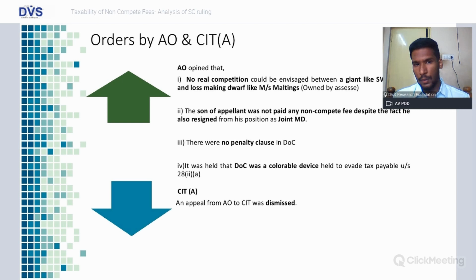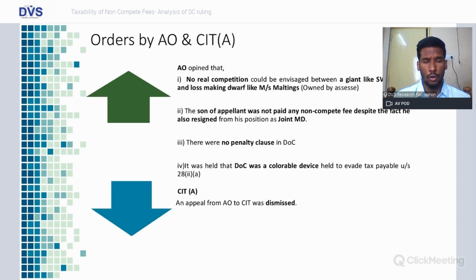Before I start with the AO's order, I just want to give you a small brief. The assessee was the owner of a company named Maltings Limited. Maltings was a very small company, and it was actually incurring losses in the previous year. So the assessing officer noted this point and stated that there is no real competition that could be envisaged between a giant like SWC Group and a loss-making dwarf like Maltings Limited.